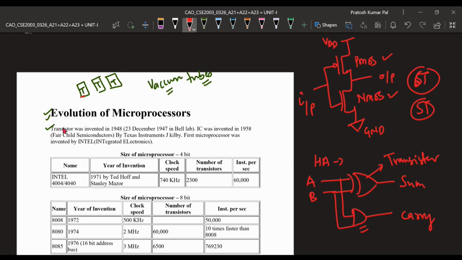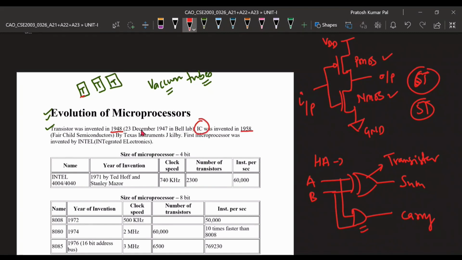So with a single transistor, we implement a particular logic circuit, and these smaller logic circuits go on to make a processor. So we can think that we require a large number of transistors. The transistor was invented in 1948, and after 10 years there was the invention of ICs.